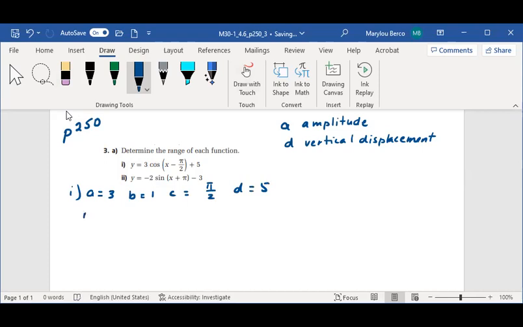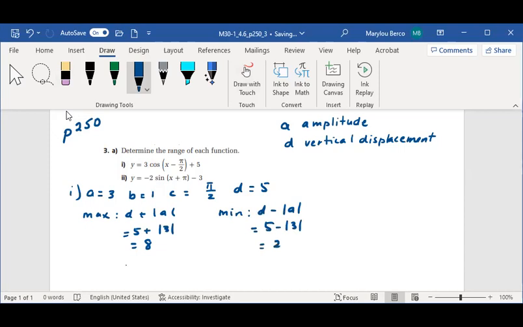Okay, so our maximum is D plus the absolute value of A, or 5 plus 3, which is 8. The minimum is D minus the absolute value of A, which is 5 minus 3, which is 2.